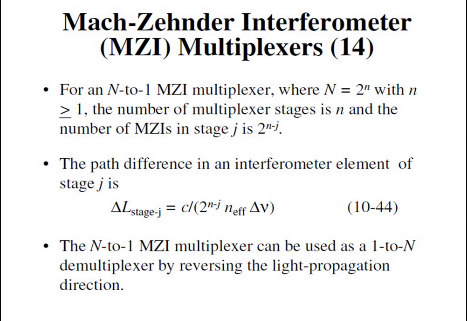The N to 1 MZI multiplexer can be used as a 1 to N demultiplexer by reversing the light propagation direction. Thank you.